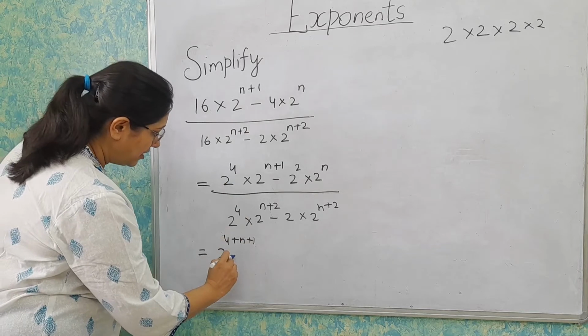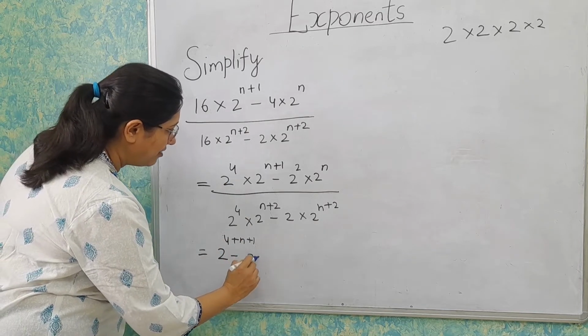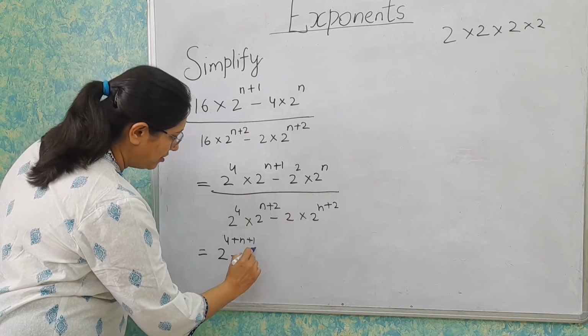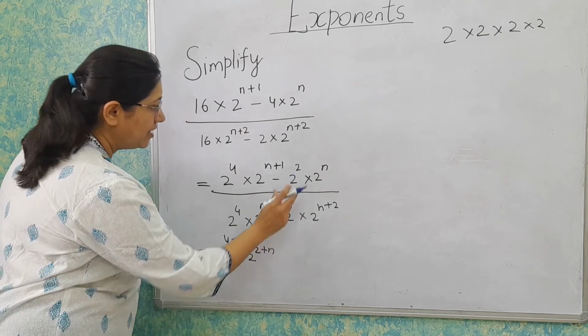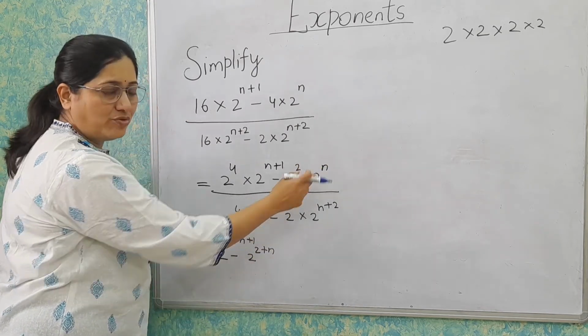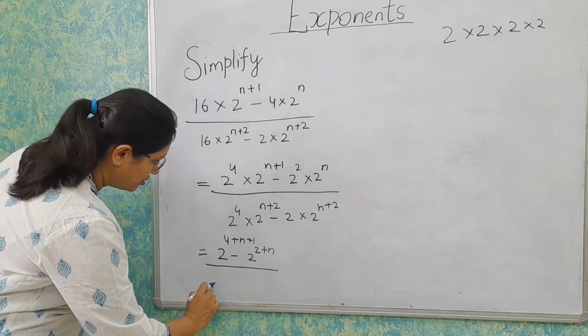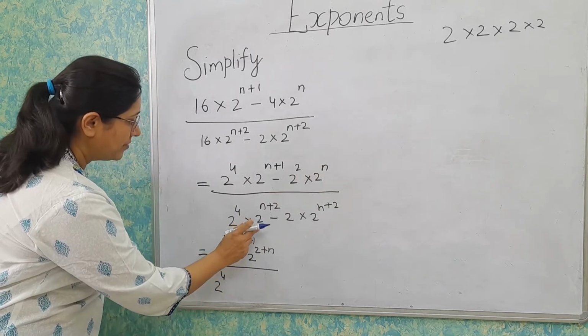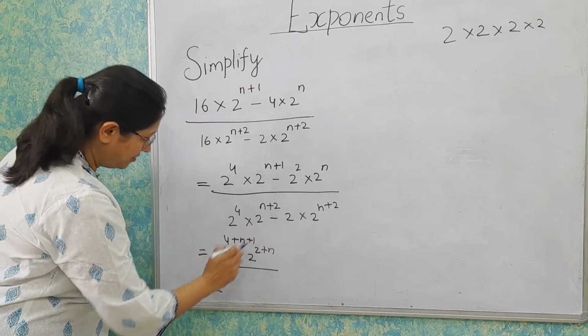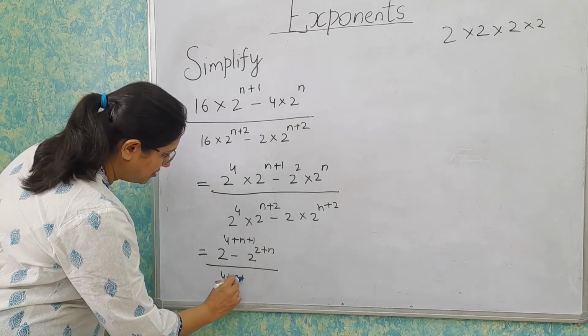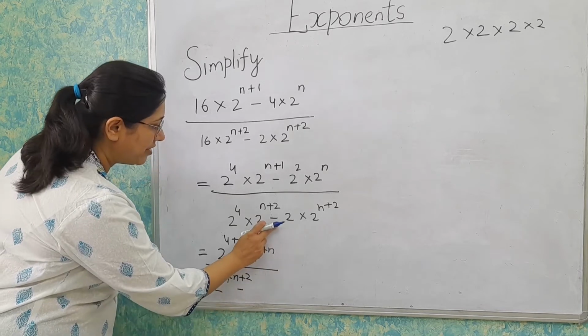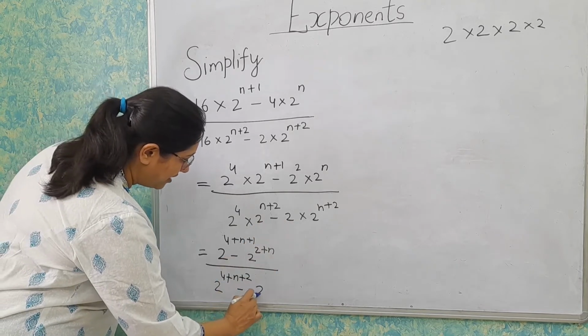Now I will put a negative sign. Again I will write 2^(2+n). Again I have added these two exponents, divided by, first I will write 2^4. Again I will add this exponent, plus n plus 2. Again a subtraction sign and then I will write 2.